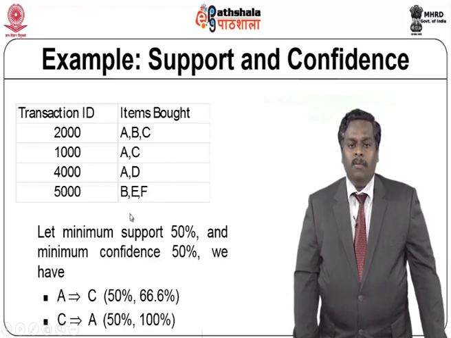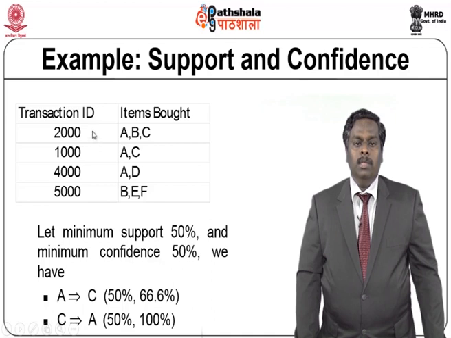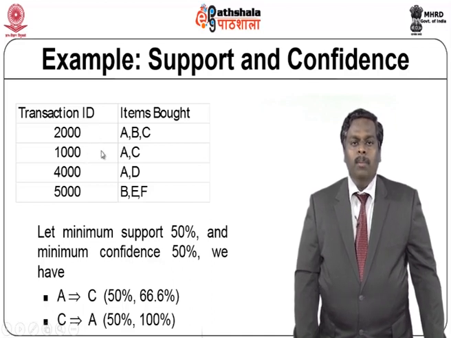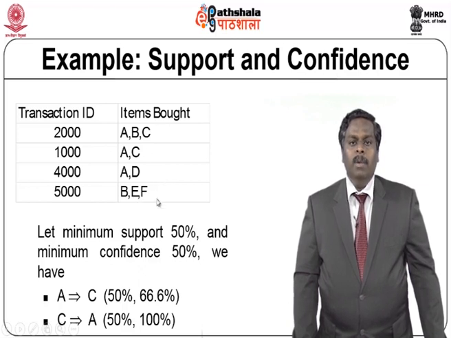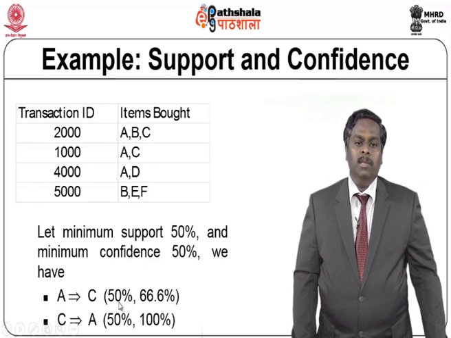From the given set of transactions, you will find A and C have occurred together in 2 transactions, that is transaction ID 2000 and 1000. Probability is the number of favorable events divided by the total number of events. The number of favorable events here is 2 transactions, the total number of events is 4 transactions. So it will be 2 divided by 4, which is 1 by 2, which is equal to 50%.